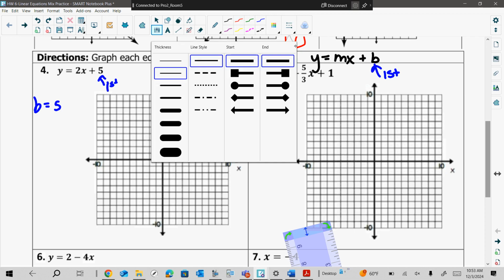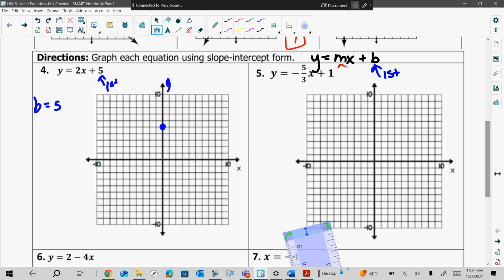You're going to use your m second. That's the number in front of x. Our m equals what? 2. So that means that's a ratio of 2 over 1. So how do I move from this point? You go up 2, and then 1 to the right.